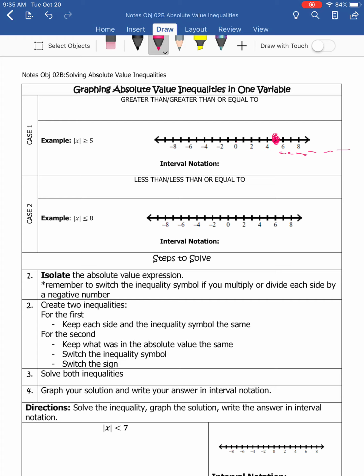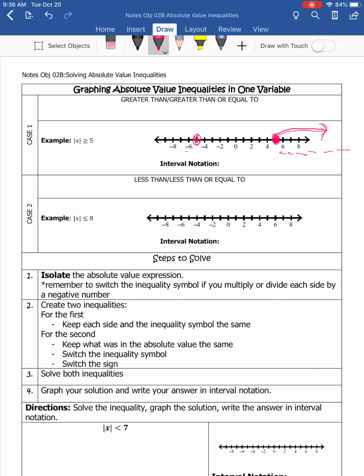So it would keep going. And so I'm going to have a little circle around 5, and it's going to keep going to the right, because everything under this line represents all of the numbers that are greater than 5 spaces from 0. On the other side, I also know that there are numbers that are 5 spaces from 0 on the left side. Okay, and that's where we talk about the negative is to the left, the positive is to the right. So for this, I know that negative 5 is 5 spaces away.